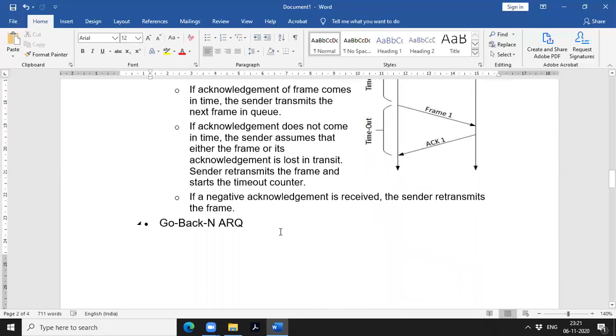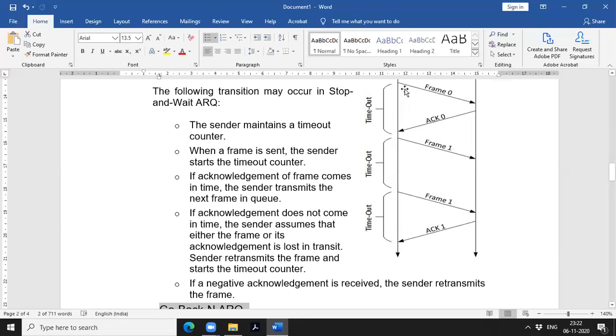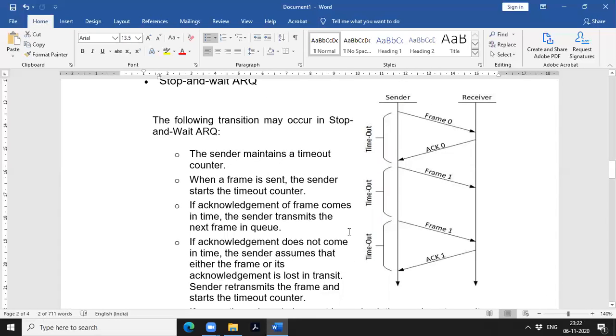Next we will see about Go-Back-N ARQ. So what is Go-Back-N ARQ? The stop and wait ARQ mechanism does not utilize the resources at their best. If you see here, it has to wait for the positive acknowledgement frame, so we need more time for sending and receiving data without error.